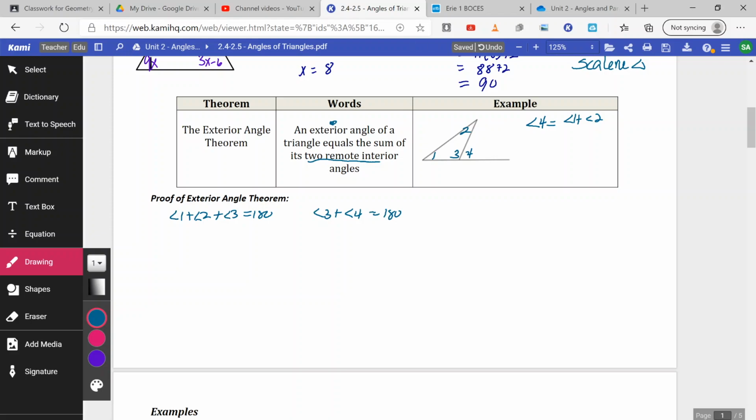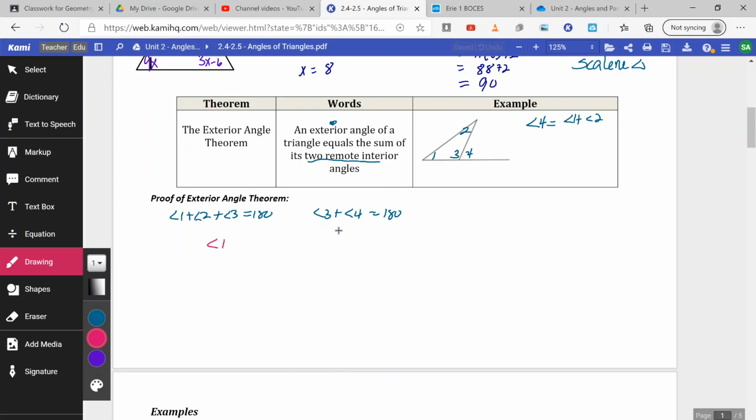So whenever I have two equations like this where they both equal the same thing, so 1 plus 2 plus 3 gives me 180, and 3 plus 4 also gives me 180, I can actually cut out the middleman, the 180, and set my two adding parts of the equation equal to each other.